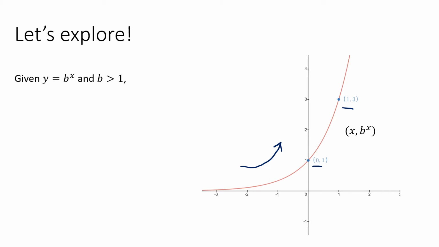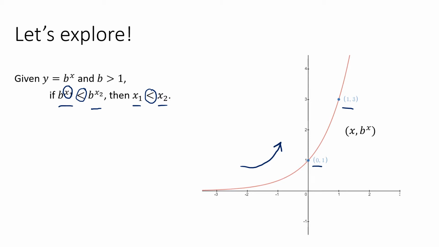In other words, if we have a smaller b to the x1 compared to another b to the x2, then the exponents follow the same inequality. So x1 is also less than x2.